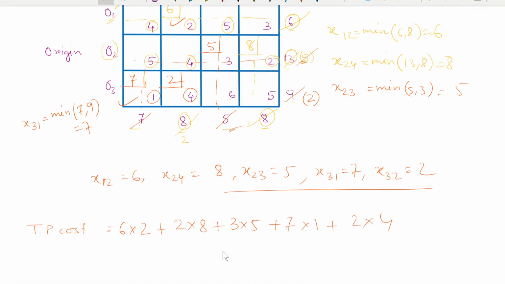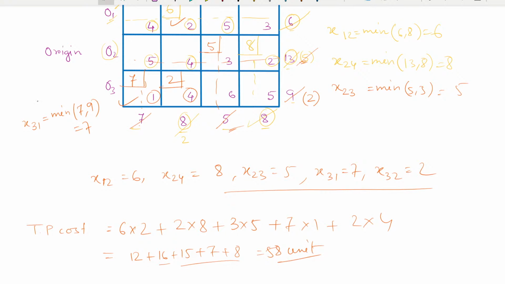This is the optimal cost. 6 twos are 12, plus 16, plus 15, plus 7, plus 8, which gives 58. So 58 units is the correct answer.